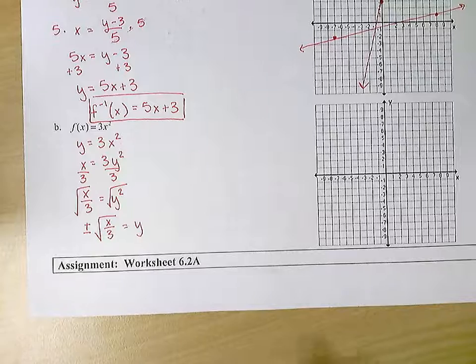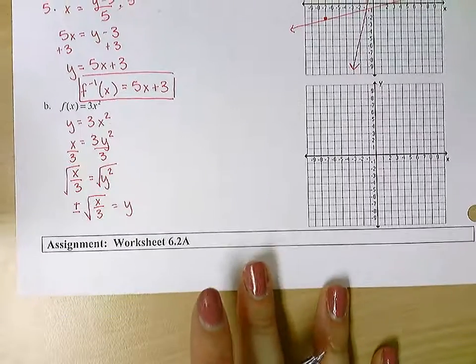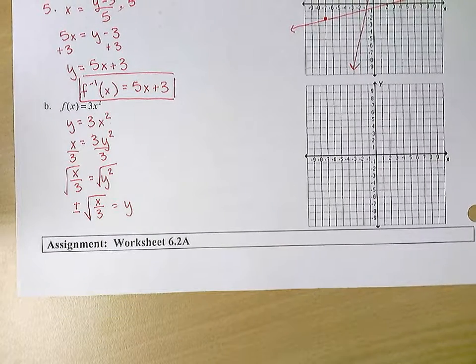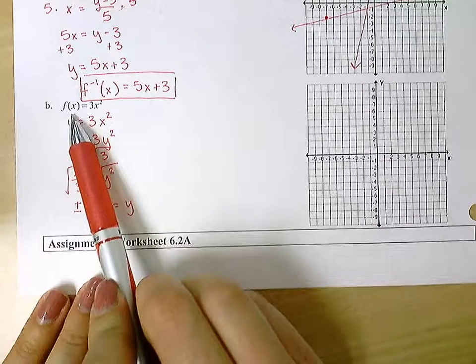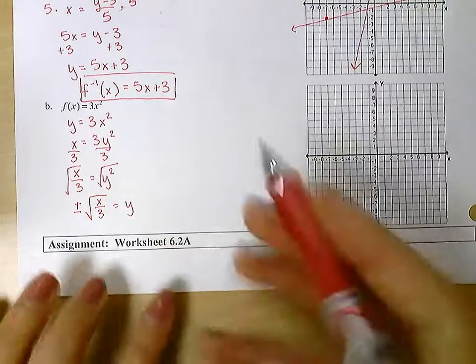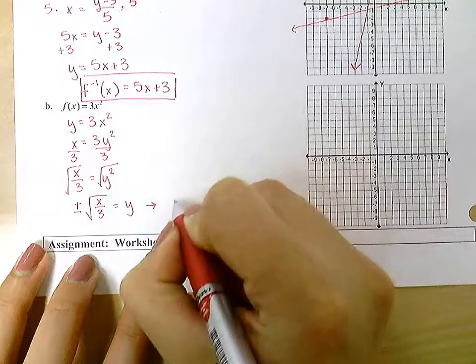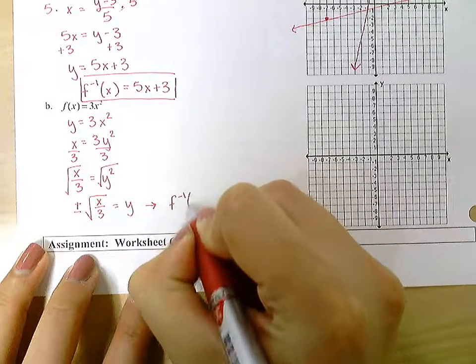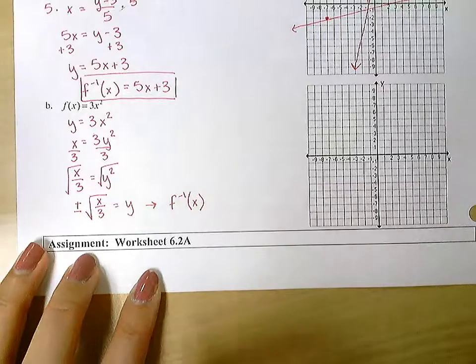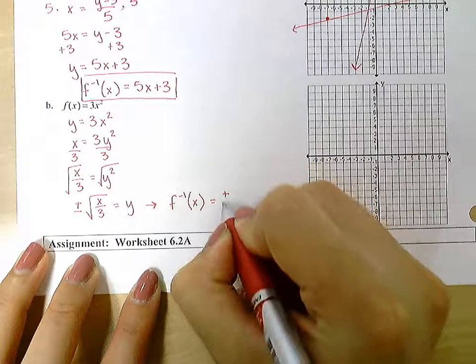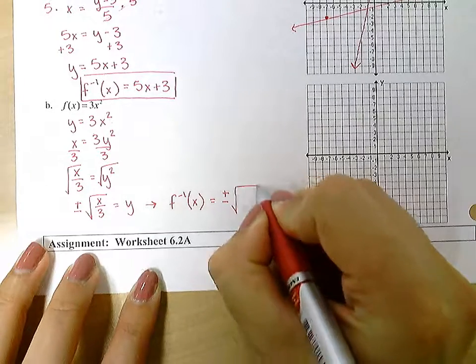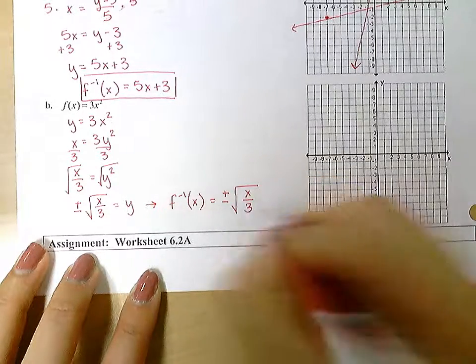When you take the square root of both sides, you have to add in that plus and minus value. Now again, I want to rewrite this in function notation instead of y. So my inverse is f inverse of x is equal to plus or minus the square root of x over 3.